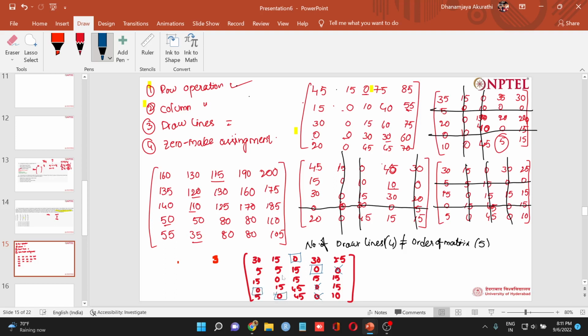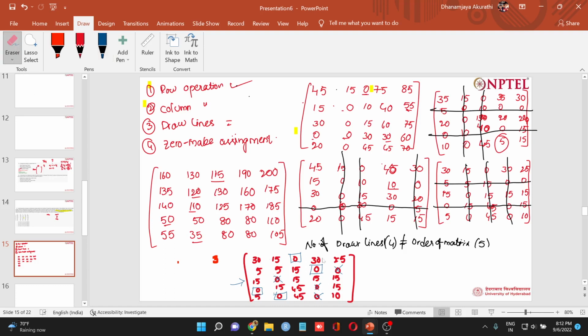Then I am crossing this because in this column I have already chosen these zeros, so we need to cross out the remaining zeros corresponding to that column and rows. Then we are not finding a solution, as in the third row you can identify no assignment of the zeros. So this way of allotment is not good.